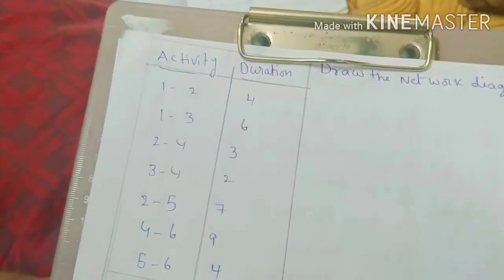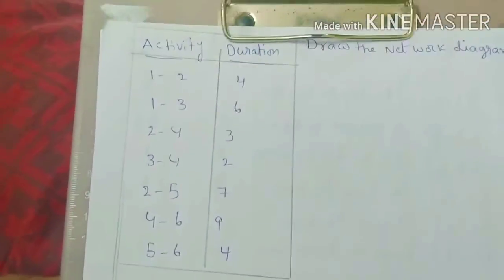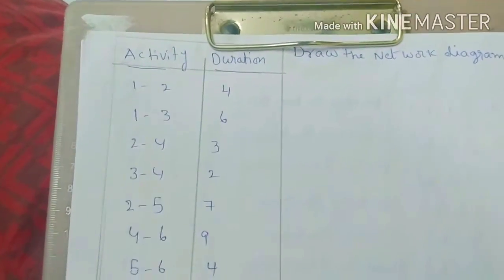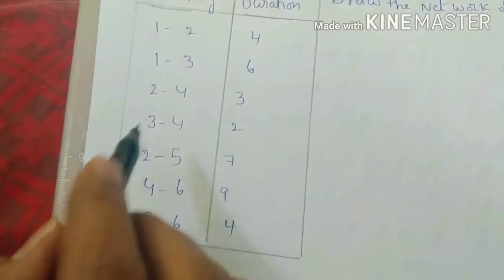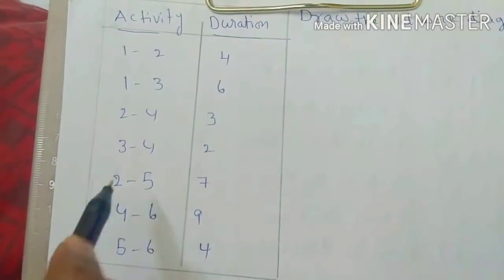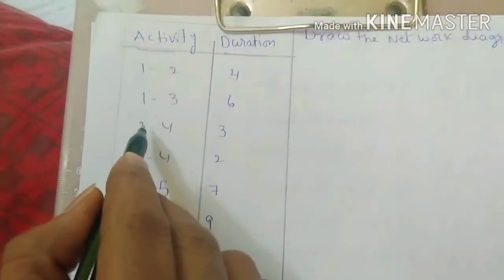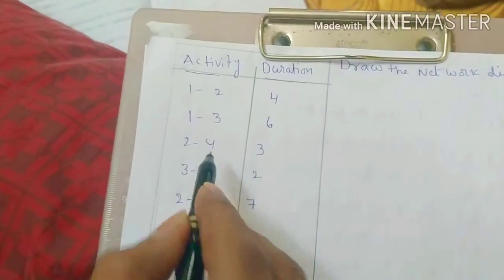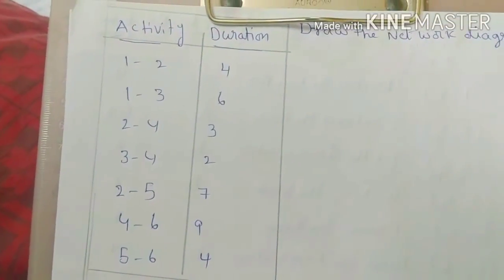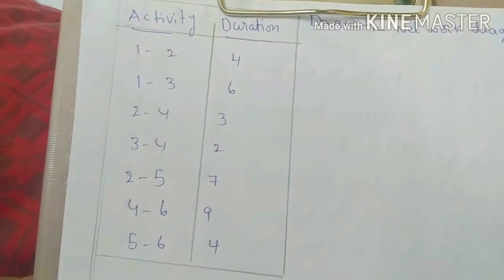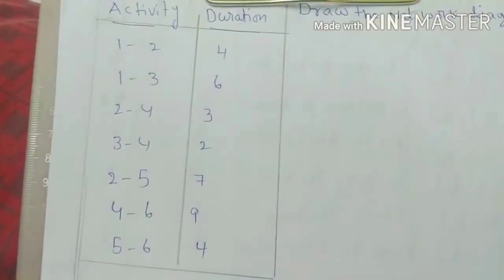So 1 to 3, 1 to 3. Next 2 to 4 is there. Next 2 to 4 is there. 3 to 4 is there. That means 2 to 4 and 3 to 4 we will mention here. So 2 to 4, 3 to 4.